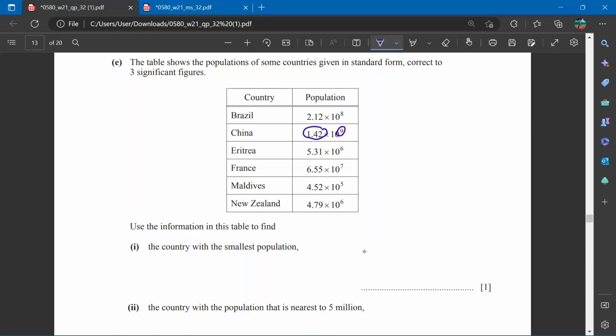So in fact, China is the biggest number because of that 9. It's by a factor of 10 times bigger than Brazil, and by a factor of 4 times bigger than the Maldives, which would be the smallest, because it's 10 to the power of 5. Okay, so the country with the smallest population being Maldives.